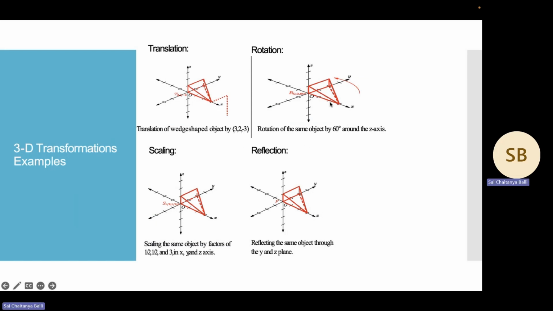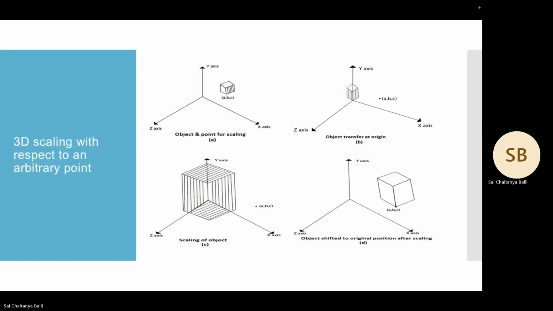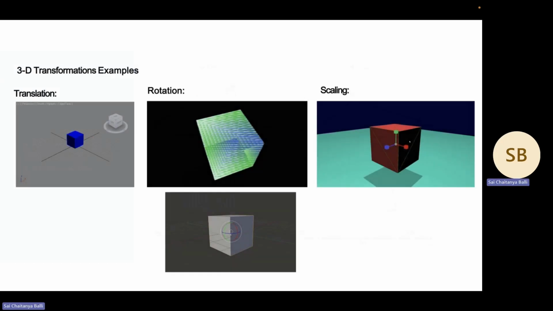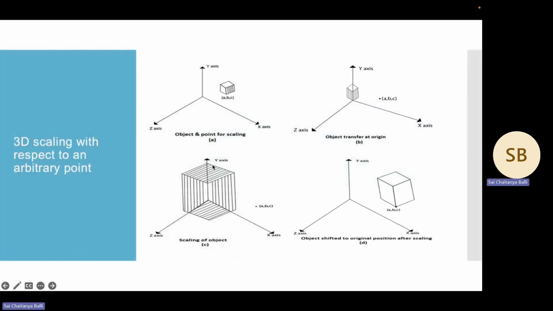And same the rotation. Over here we have rotated 60 degrees. And scaling by a factor of half and 3, as you can see over here. And reflection. So this is how the scaling is performed, as we have already discussed.